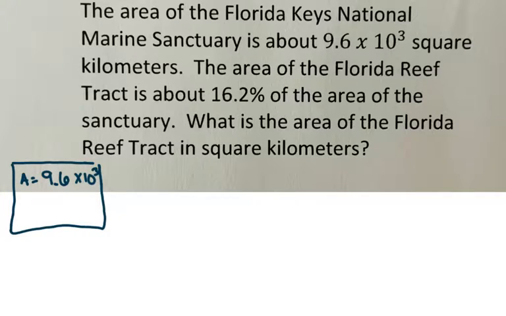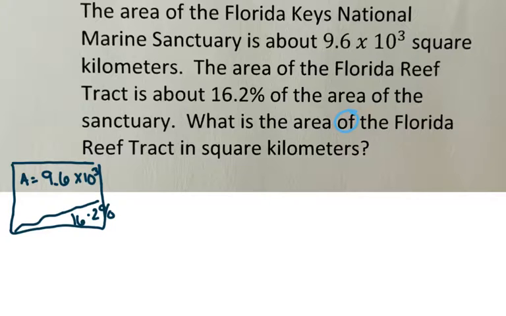Okay, and then a piece of it is 16.2%. We want to know what is the area of the rest of it. Okay, so of is our key word here, and of means to multiply. So that means we have to multiply these.